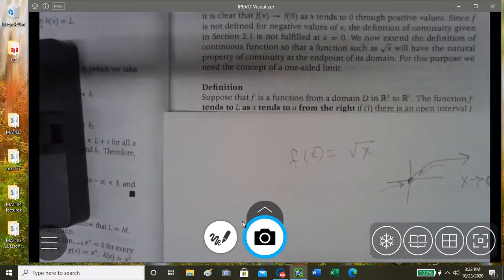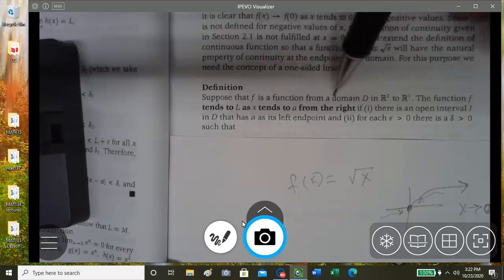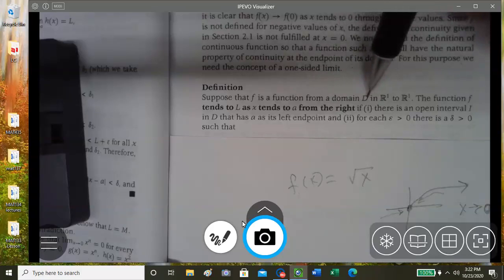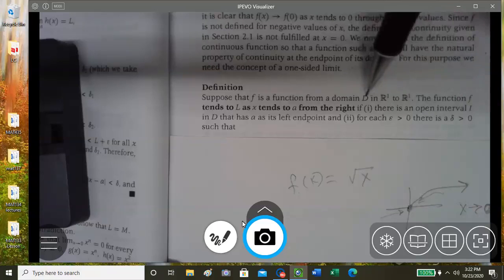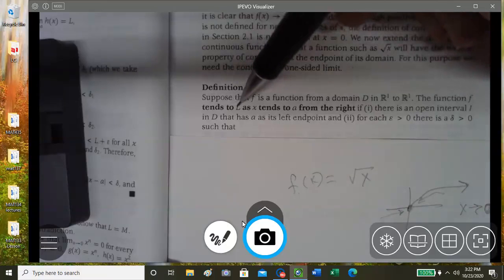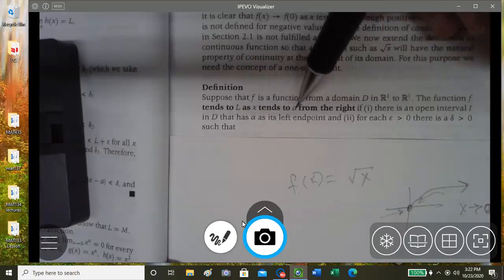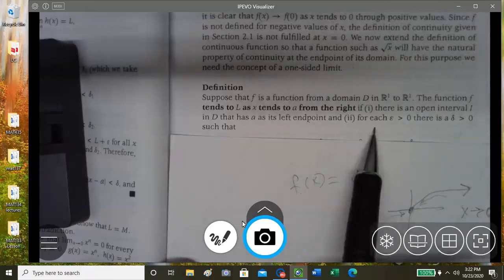Suppose that function f is a function from a domain, we'll call it D, in all real numbers to all real numbers. In other words, all real numbers coming into the function, all real numbers coming out of the function, and that's in domain D. The function f tends to our limit L as x tends to A from the right.